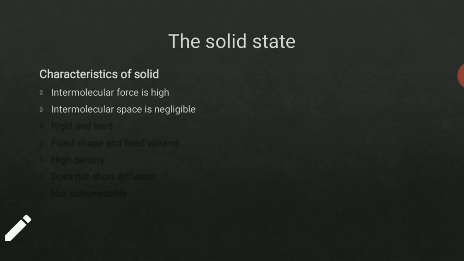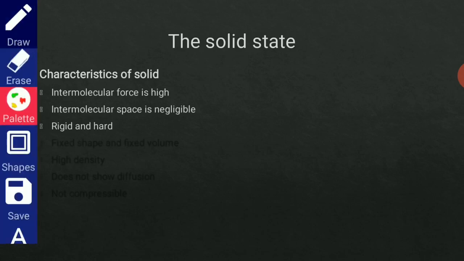Since they are attracting each other with high force, the space between the particles will be 0 or close to 0. Thus, we can say that the arrangement of particles in solid is closely packed and the intermolecular space is negligible. Due to these two major properties, solid is rigid and hard. I repeat, the solid is rigid and hard.